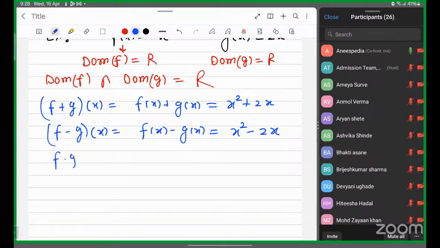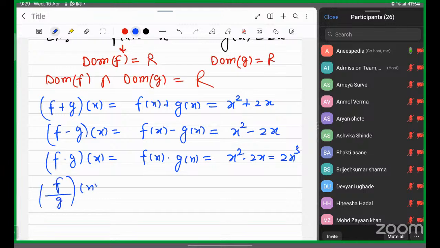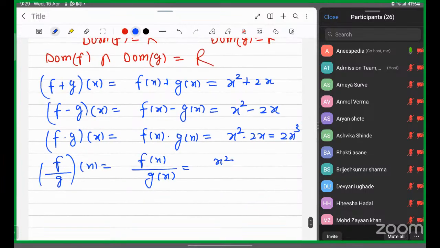If you have f into g of x, this can be given as f of x into g of x, which will be x square into 2x, that is 2x cube. If you are going to find f by g of x, this will be f of x divided by g of x, which means x square by 2x, the x factor will cancel out. We will have x by 2.